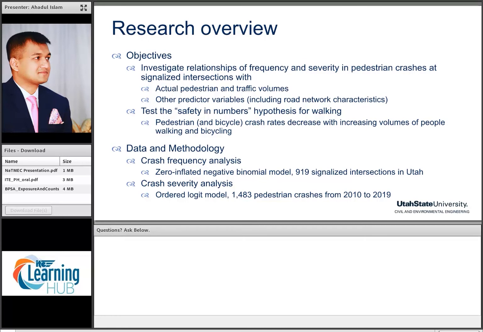First, to estimate models of pedestrian crash frequency and severity at signalized intersections using pedestrian and traffic volumes and other predictor variables. And second, to examine whether the safety in numbers effect applies to pedestrian safety in the US using robust measures of pedestrian exposure. This concept suggests that pedestrian and bicycle crash rates decrease with increasing volumes of people walking and bicycling.